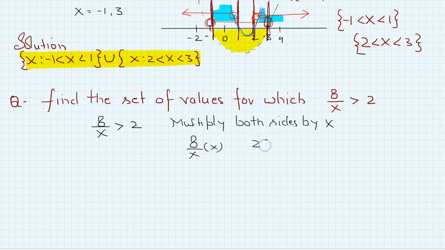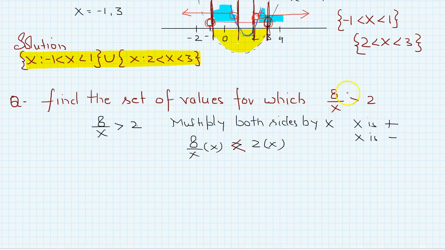Now what will happen to this sign if you multiply both sides by x? We don't know if x is positive or negative, we don't know the value of x. If x is positive, then the sign will remain the same. Now what if x is negative? If we multiply by a negative number, the sign will reverse.